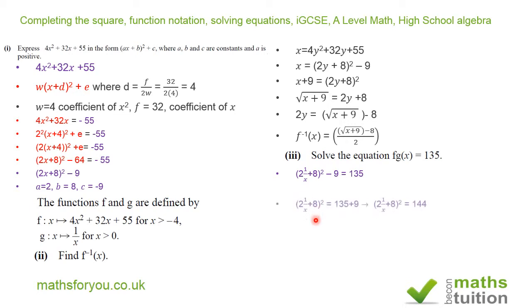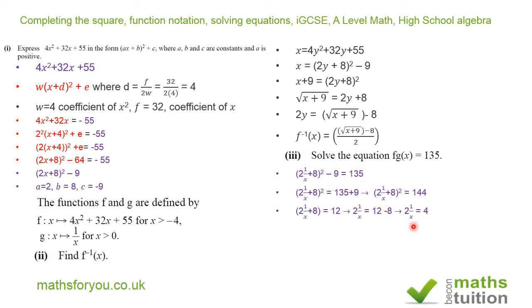If I add 9 to both sides, I end up with 2 times 1 over x plus 8 all squared is equal to 144. If I take the square root of both sides, I end up with 2 times 1 over x plus 8 is equal to 12. I then subtract 8 from both sides, and I end up with 2 times 1 over x is equal to 4.